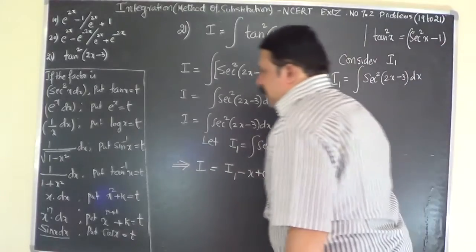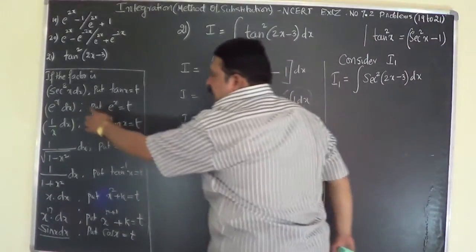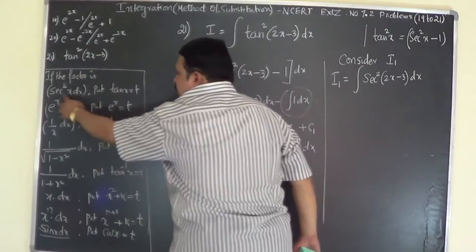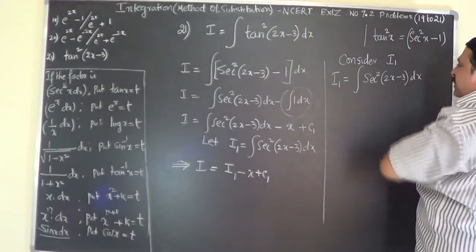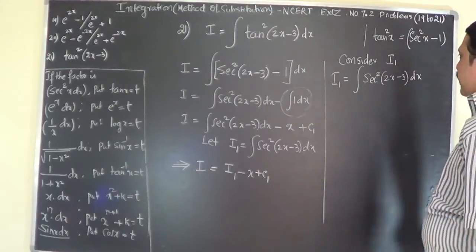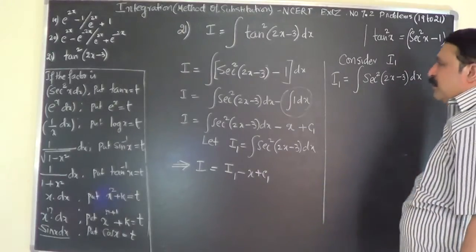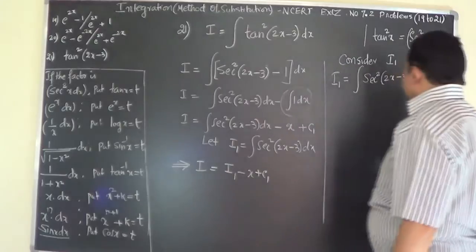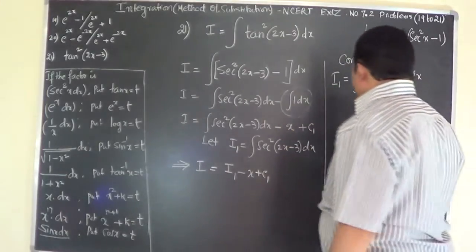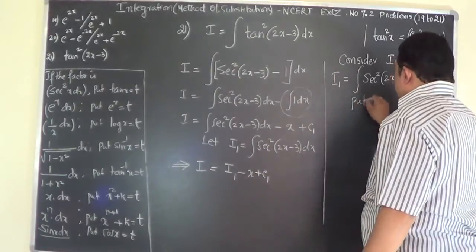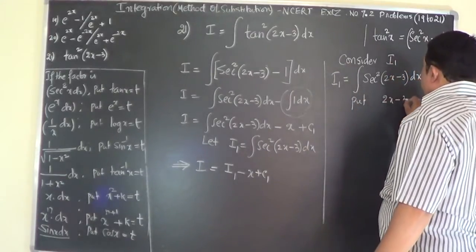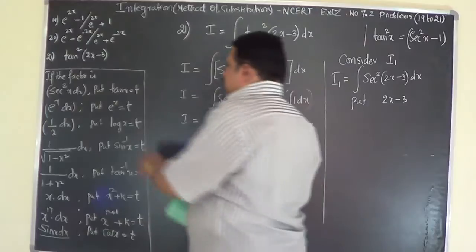Now here, you know integral secant square x dx. So what shall I do now? You can tell me what I can do. Integral secant square x dx. Yes, put tan x equals t.